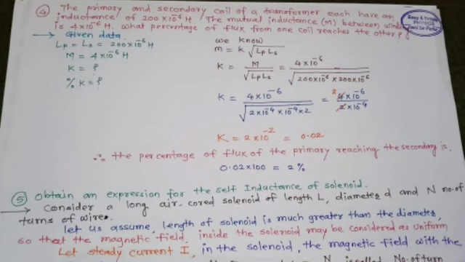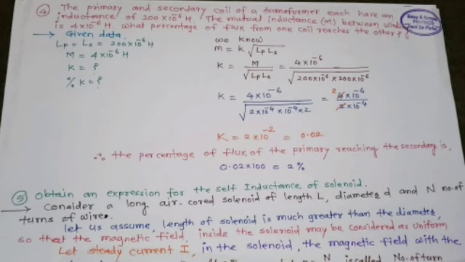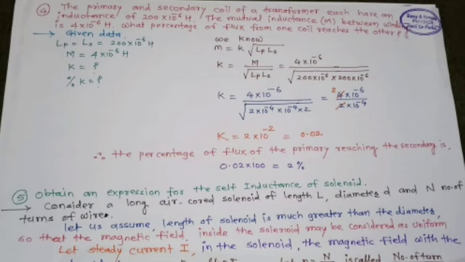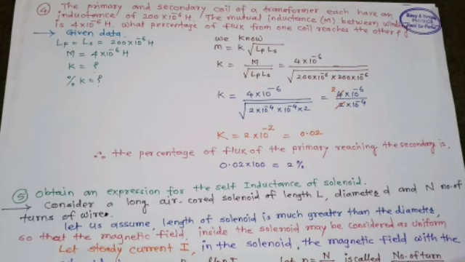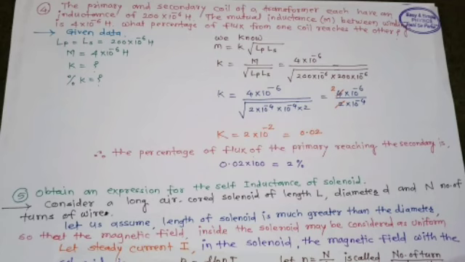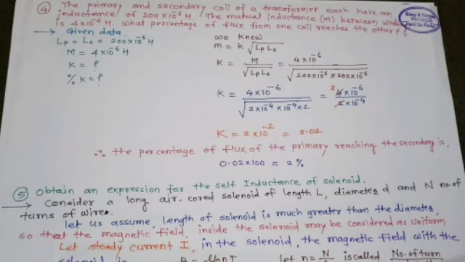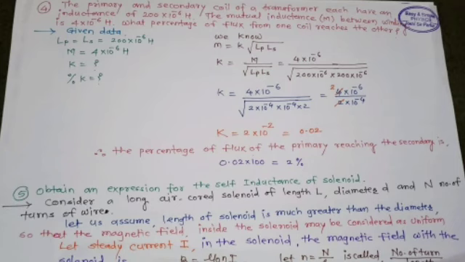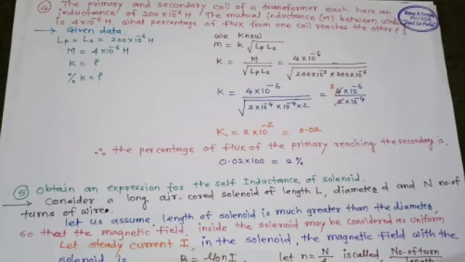See here, 4 into 10 raised to minus 6 upon square root of 2 into 10 raised to minus 4 into 2 into 10 raised to minus 4. So here 4 upon 2 into 10 raised to minus 2. So K is equal to 2 into 10 raised to minus 2, that is 0.02. We want to find the percentage of flux of the primary reaching the secondary: 0.02 into 100, that is 2%.